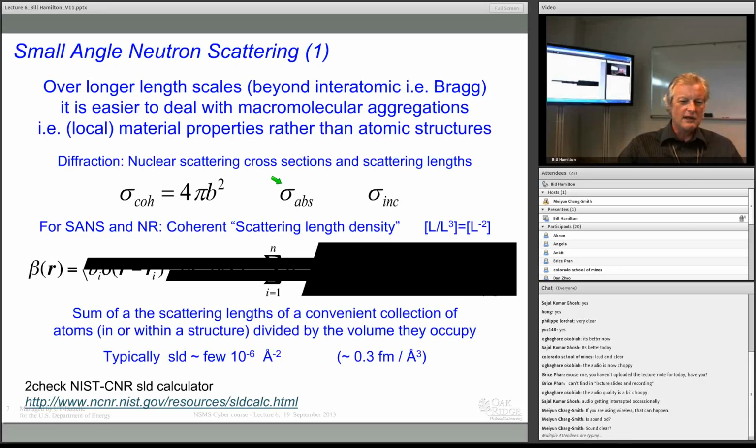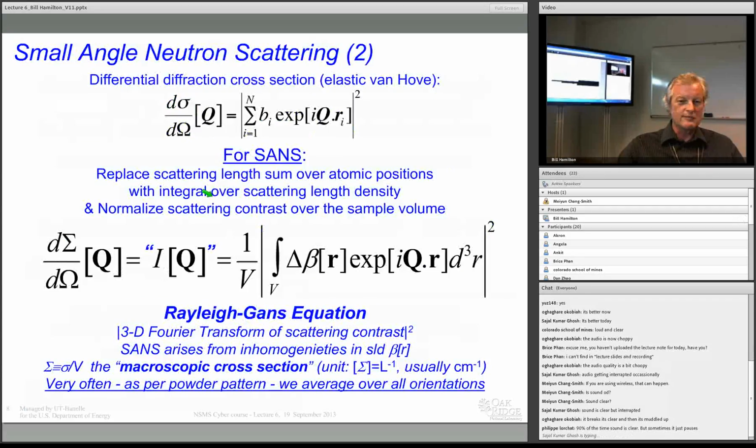You add up the scattering lengths, the b's here, and divide by the volume of whatever particle that is, and you get a scattering length density. Typically the units are 10 to the minus 6 per angstrom squared. If you can't do the calculation, you can always go to the NIST NCNR scattering length density calculator and check if the answer was right.